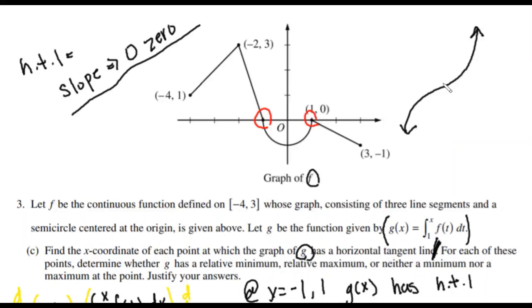As it goes up, the slope becomes 0, and then it goes up again. At this part, the slope is 0. However, it goes up and it still goes up. That means this is neither a maximum nor a minimum.